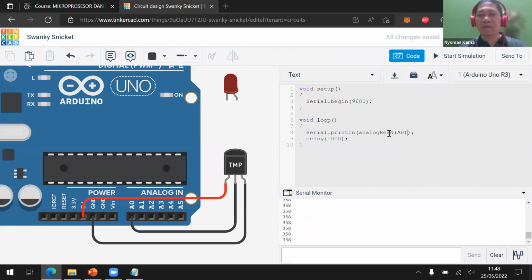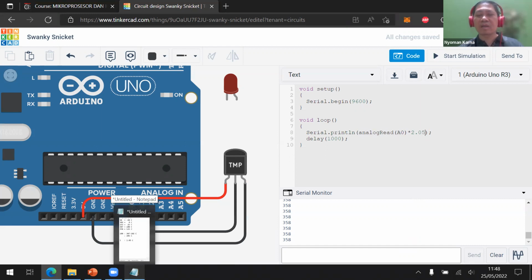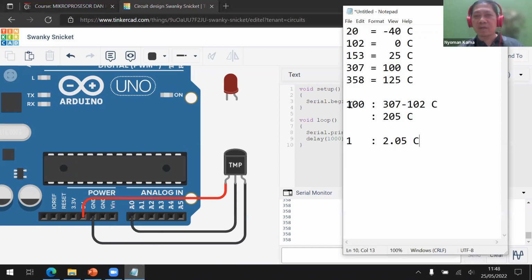So the value in here will be multiplied by 205. Why? Because one value of analogRead is equal to 2.05 degrees Celsius. However, we need to add this one with 100.